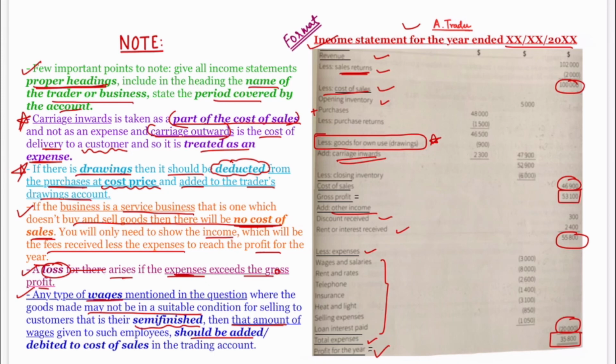But mind that this will be done only if the question specifies. Otherwise, in general, if there is no additional information given, then the wages will always go in the profit and loss section, that is over here, less expenses.